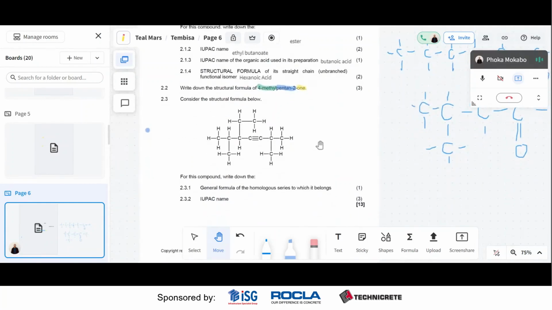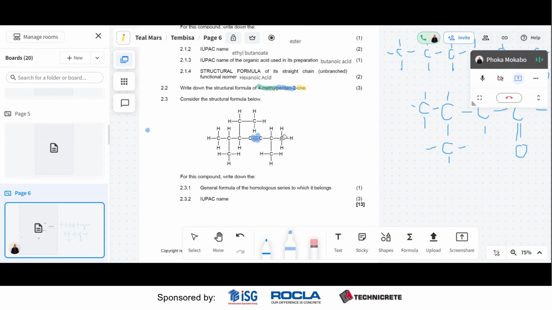Okay, 2.3. They say consider the structural formula below. First things first, I notice that there is a triple bond, so this is an alkyne. If you try to see what the parent carbon chain would be, let's have a look: 1, 2, 3, 4, 5, 6, 7.